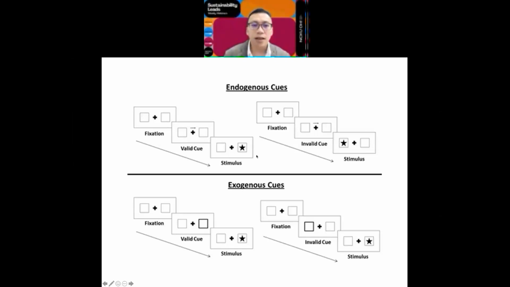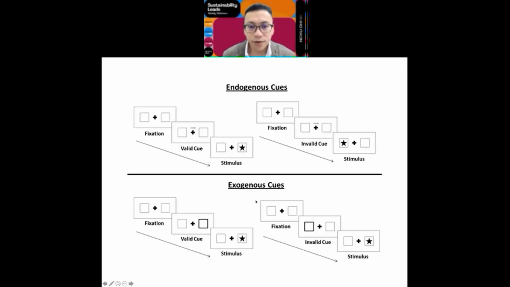And if there is a target, we will call this kind of condition a valid condition. In contrast, if the cue points you to the right, but the target presents on the left location, we'll call it an invalid condition.